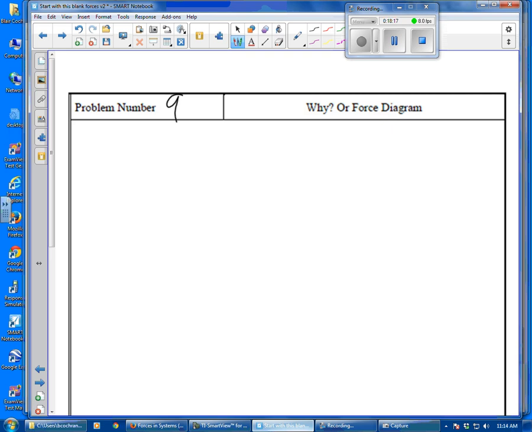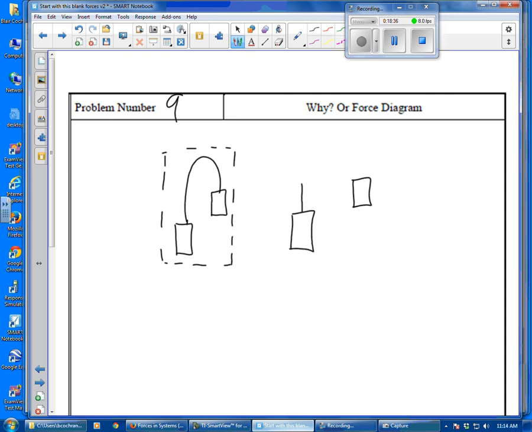So what I'm going to draw, and I'm going to draw it kind of weirdly here, I want to draw it without worrying about the pulley. The pulley is light and frictionless. So here's my system. It's the two things together, not worrying about the pulley. And then I'm going to have the one mass with its cord, and I'll have the other mass with its cord also. So I'm going to end up with 3 force diagrams here.